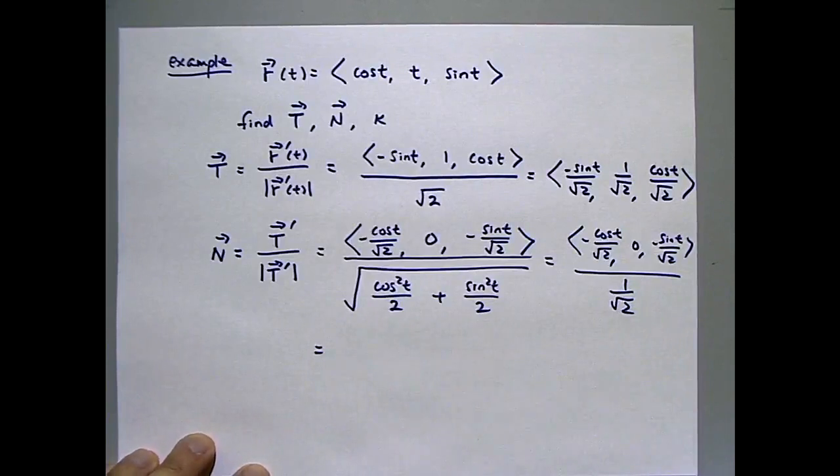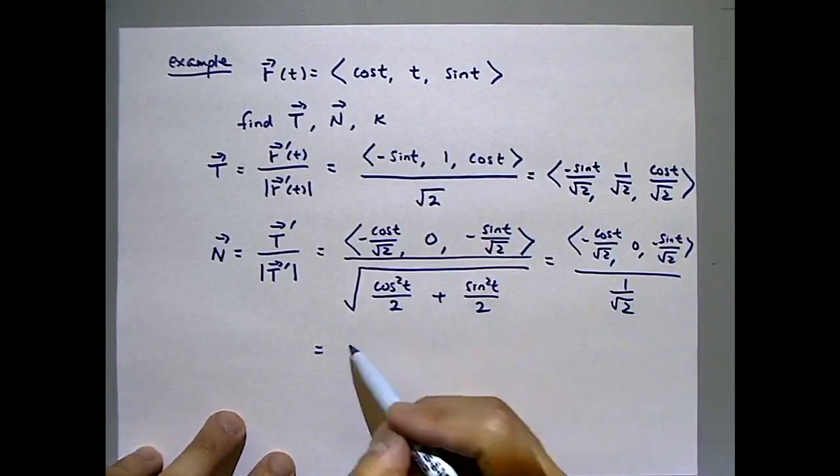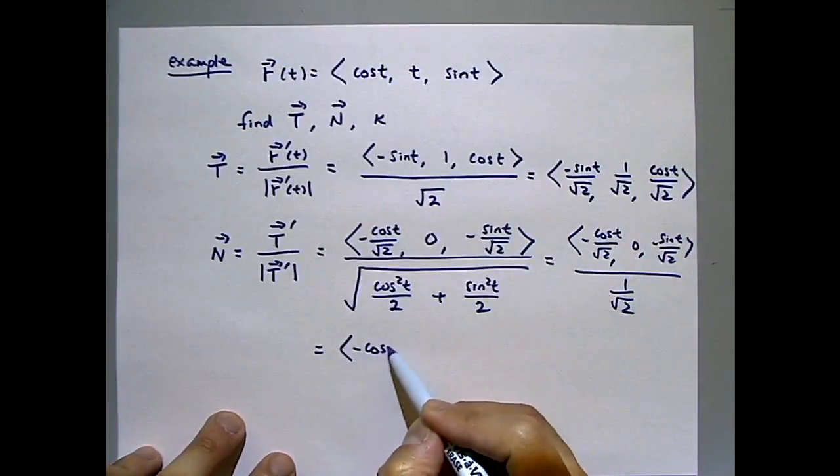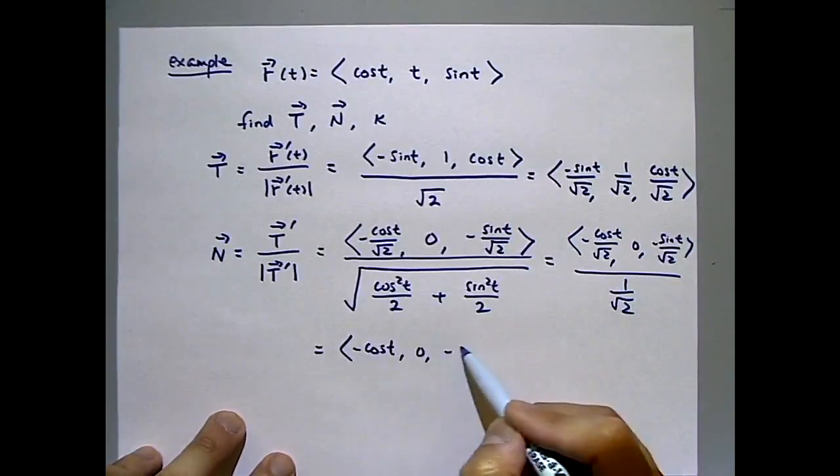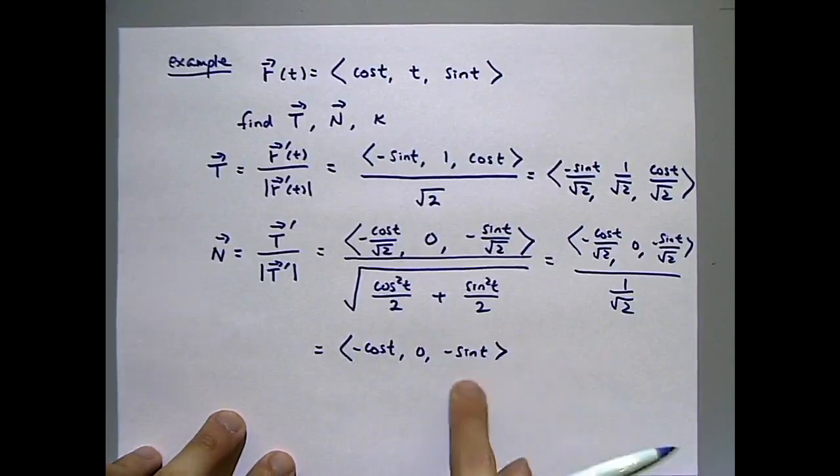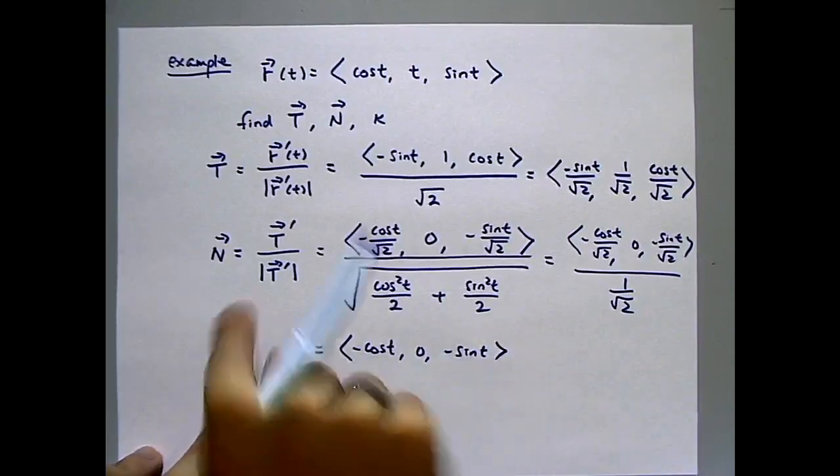If you divide by radical 1 over 2, it's the same as multiplying by radical 2. So that's minus cosine of t, 0, minus sine of t. Always make sure that this is a unit vector, and it is.